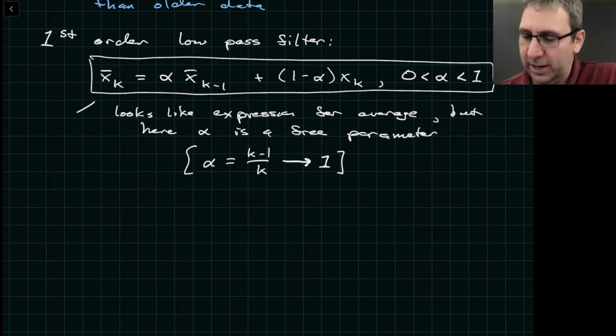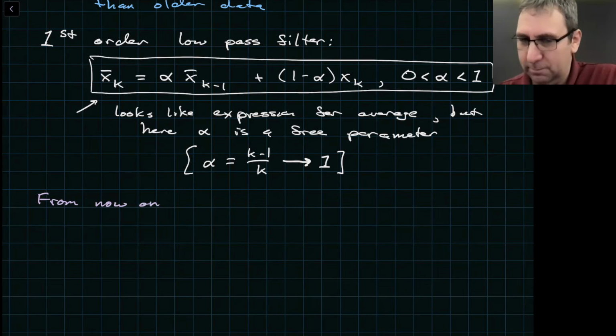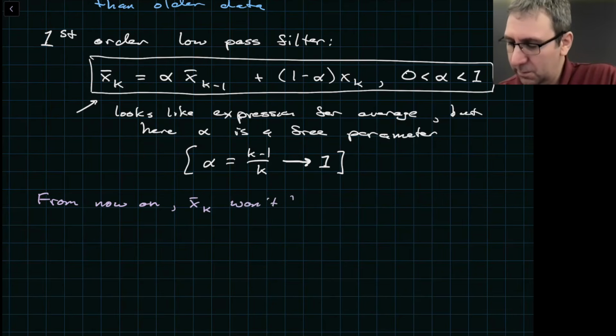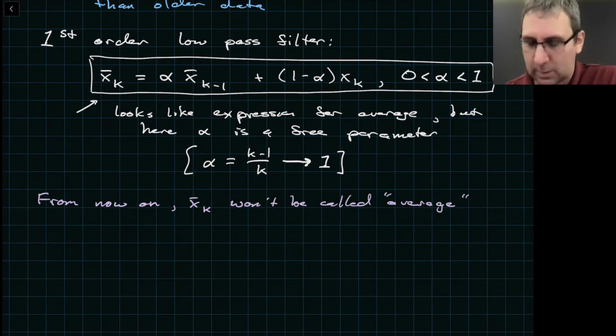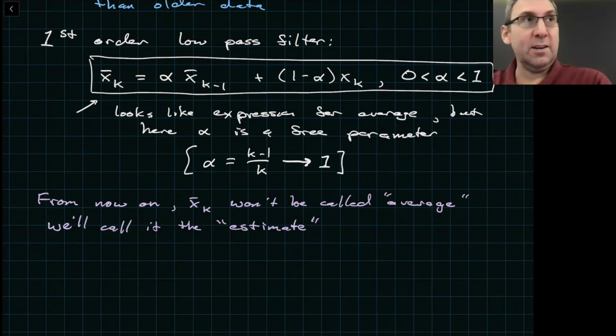We're also not going to call X bar K an average. We're going to use a different term. It gets to what we're really interested in. From now on, X bar K won't be called the average. We'll call it the estimate, because in some sense, that's what it is. It's trying to take noisy data, and as you're going along, give you the best estimate of what the true value is.